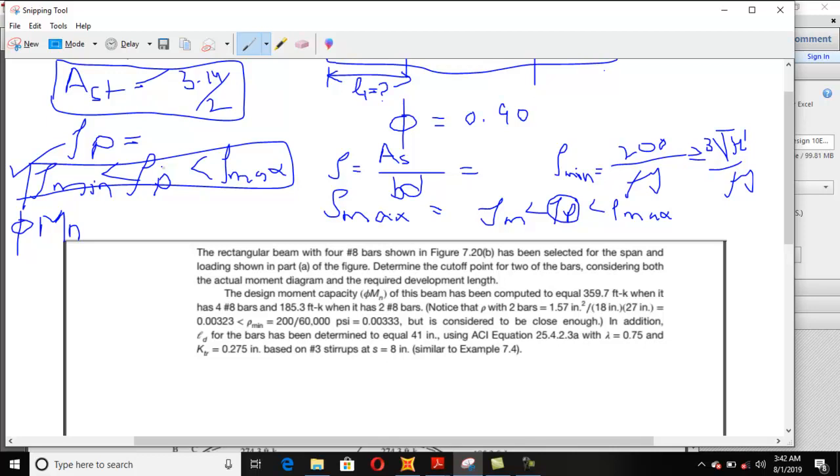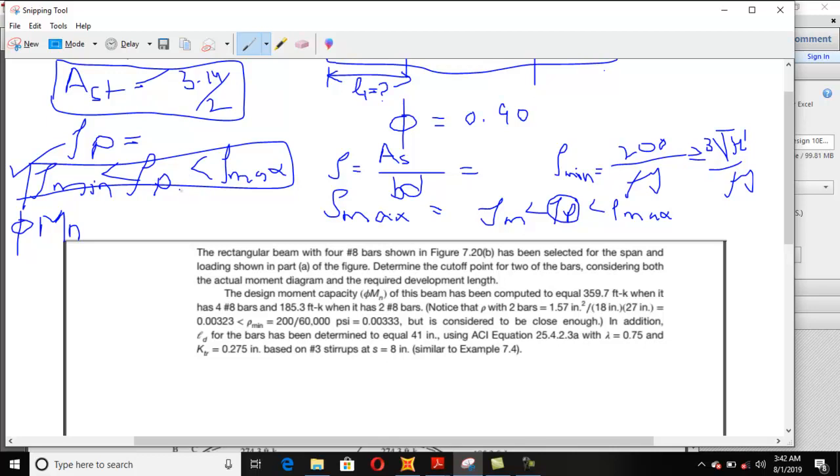You can cut 1 bar. If the check is not accomplished, then you cannot cut off the bars. In all cases this check should be satisfied.